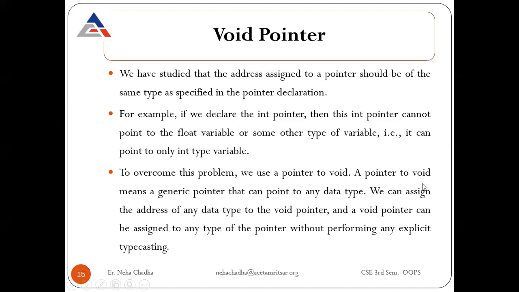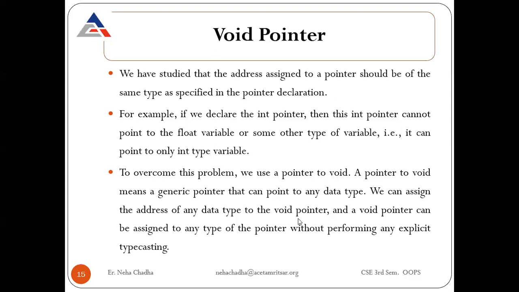A pointer to void means a generic pointer that can point to any data type. Similarly, as we defined our variables as integer and we wanted our value as integer, we changed it accordingly. As we want to show our float value, then we can change our pointer accordingly.